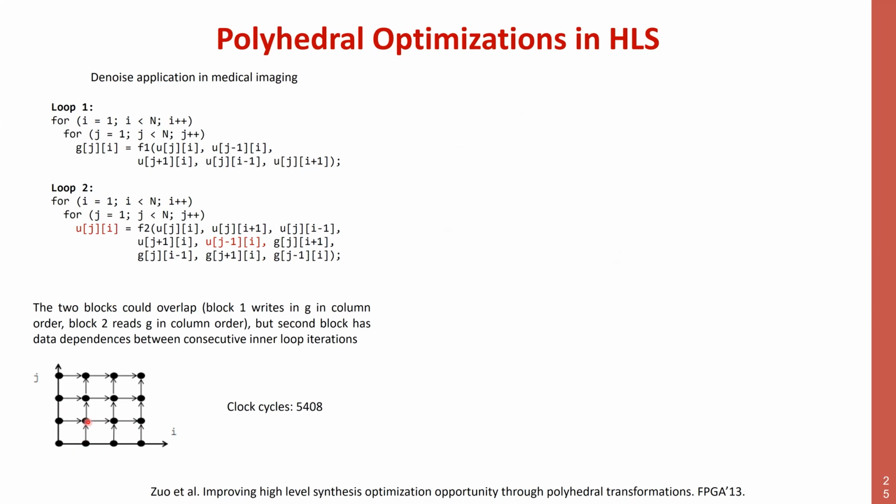Whenever you are increasing J, going to the next iteration in J, you are dependent, this arrow indicates dependency, you are dependent on the previous iterations, right? And the same is true on the I iteration.